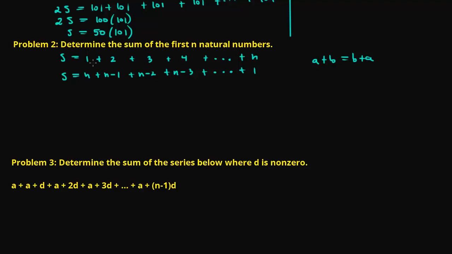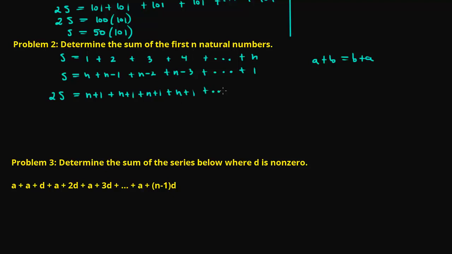If we add these two series together, we have that 2 times the value of S is equal to, if I add n and 1, I get n plus 1. If I add 2 and n minus 1, I get n plus 1. If I add 3 and n minus 2, I get n plus 1. If I add 4 and n minus 3, I get n plus 1.